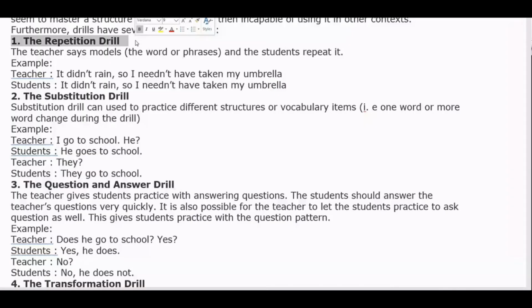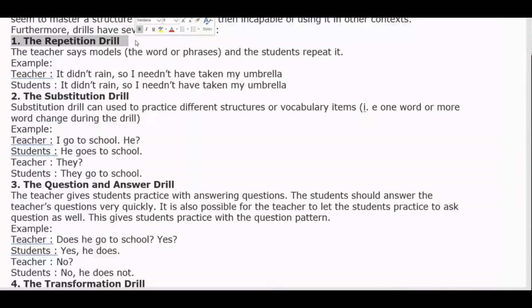Then teacher says, he. So what will the student do? They will replace I with he. So when you replace, it is called substitution. In sports, when you replace a player, it is called substitution. So you remember, second type of drill is substitution drill.